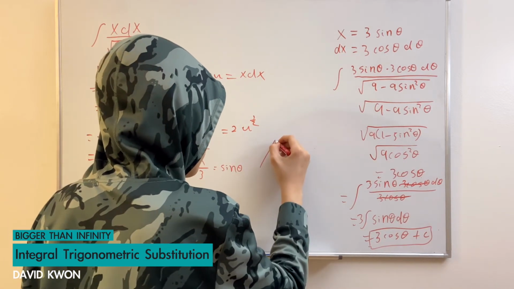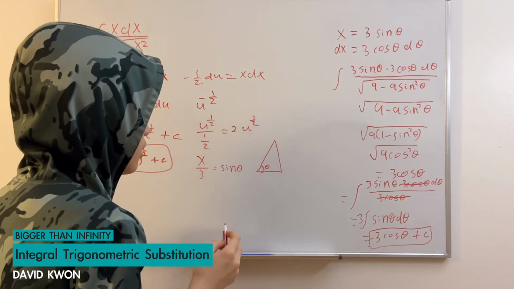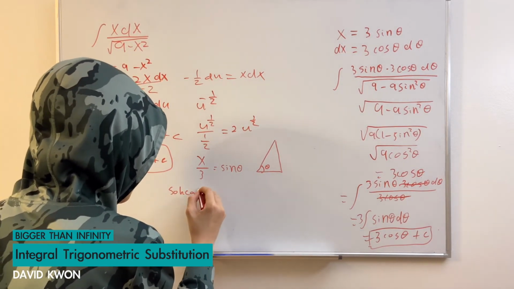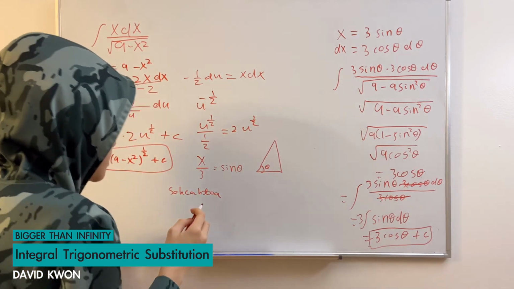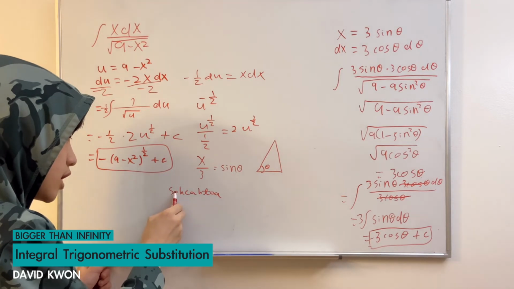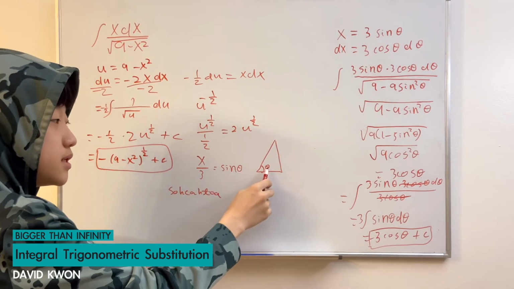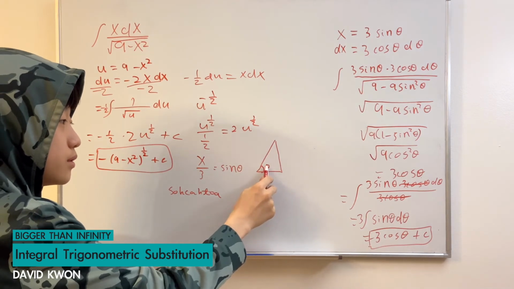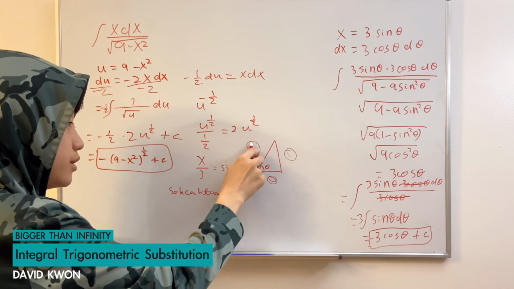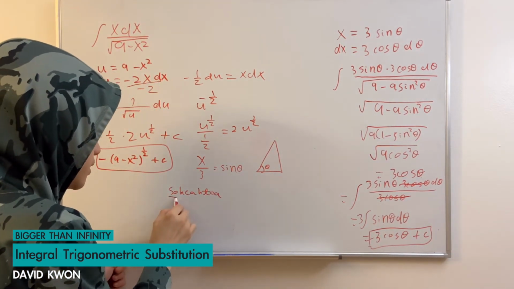From the triangle, we will call this angle theta. Using SOHCAHTOA, sine is opposite over hypotenuse. Opposite is the side opposite theta, this is adjacent, and this is the hypotenuse.